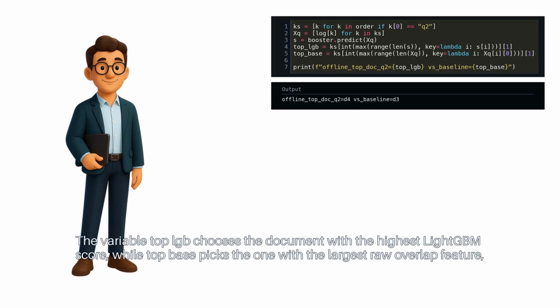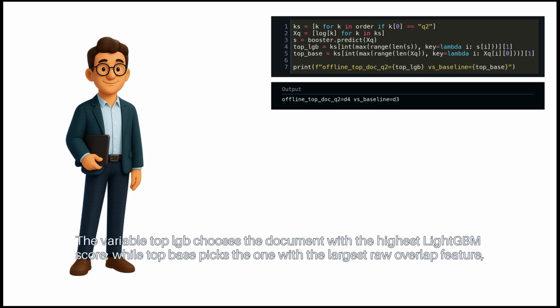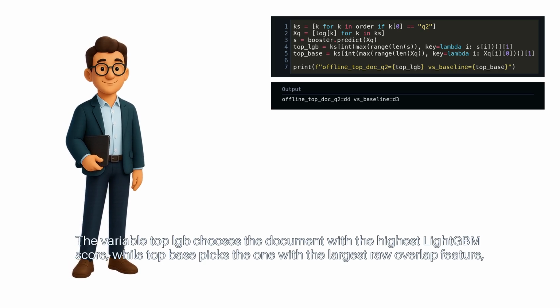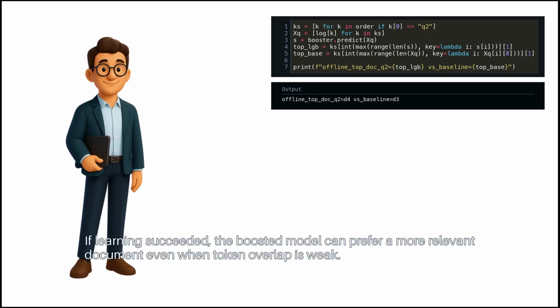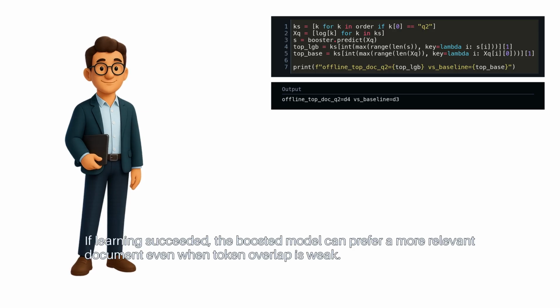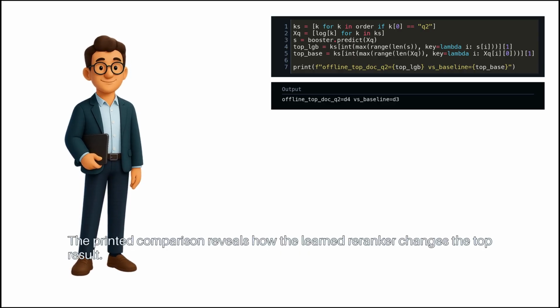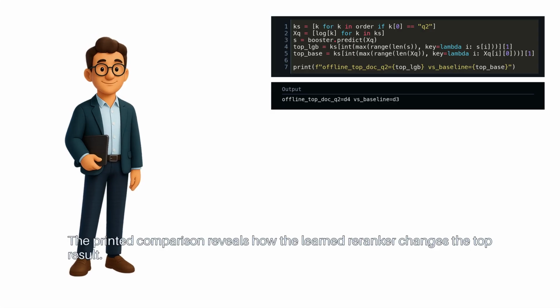The variable top LGB chooses the document with the highest LightGBM score, while top base picks the one with the largest raw overlap feature, simulating a lexical-only ranker. If learning succeeded, the boosted model can prefer a more relevant document even when token overlap is weak. The printed comparison reveals how the learned reranker changes the top result.